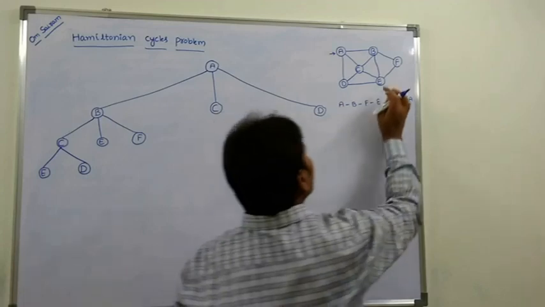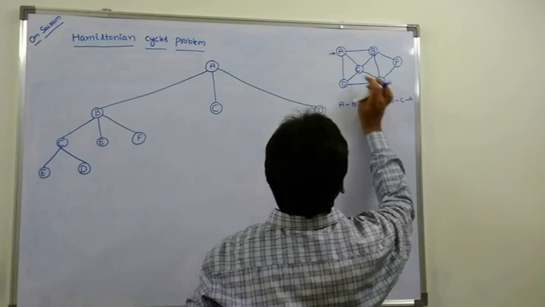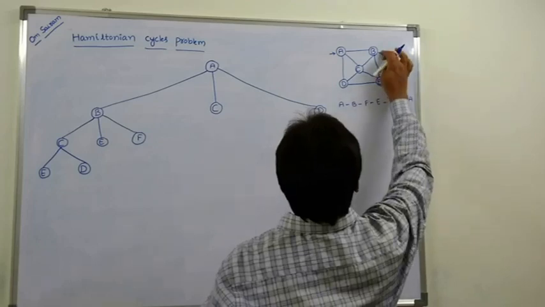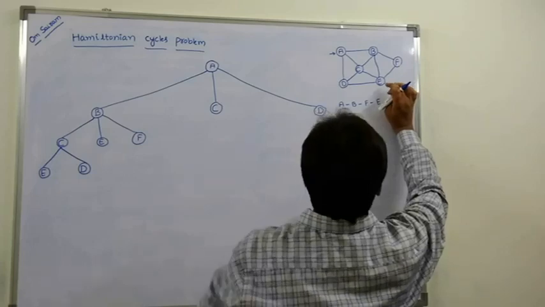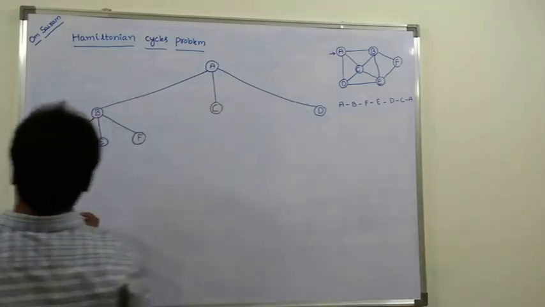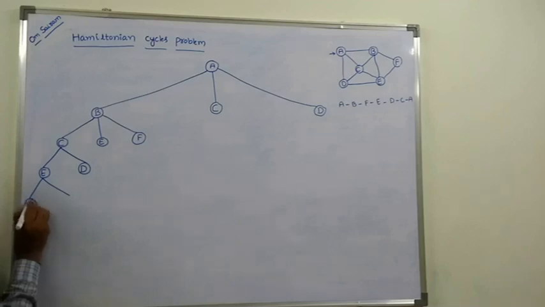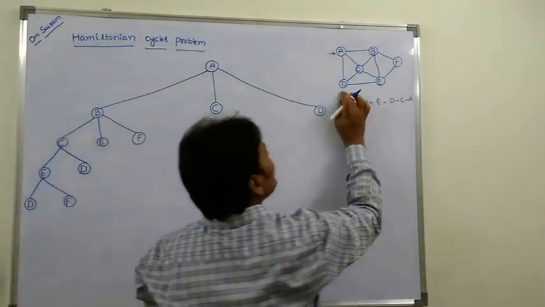What are the adjacent nodes for vertex E? E is connected with F, E is connected with B, E is connected with C, E is connected with D. But B and C are already visited, so the remaining adjacent vertices are D and F. Next we go to the leftmost node for vertex E, that is D. What are the adjacent nodes for D?